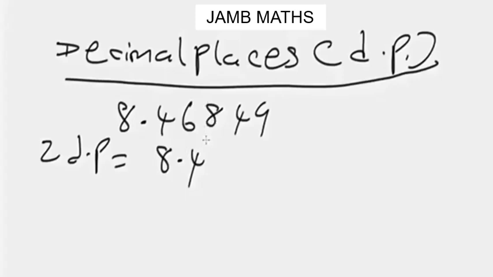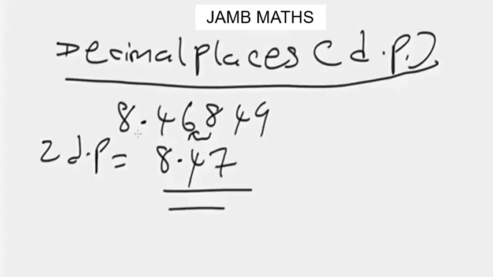So when you take it as 1, you add it to this 6. This 6 will now be 7, and this will be the answer if you are rounding to 2 decimal places. It's as simple as that, guys.